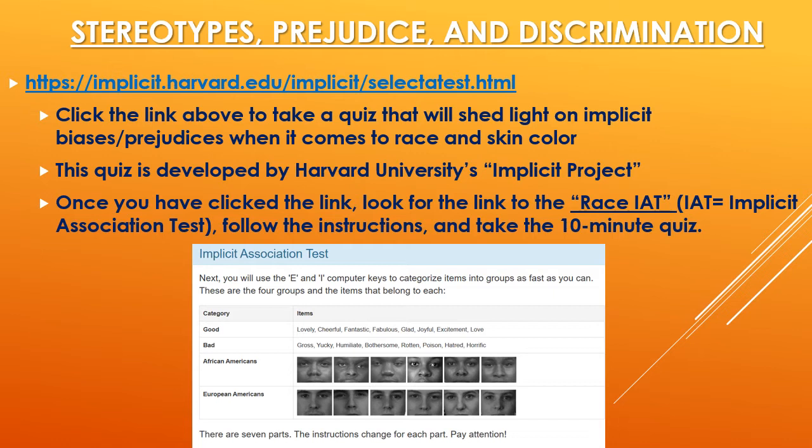Many of us in the U.S. believe that we live in a post-racial society since the civil rights achievements made in the middle of the 20th century.